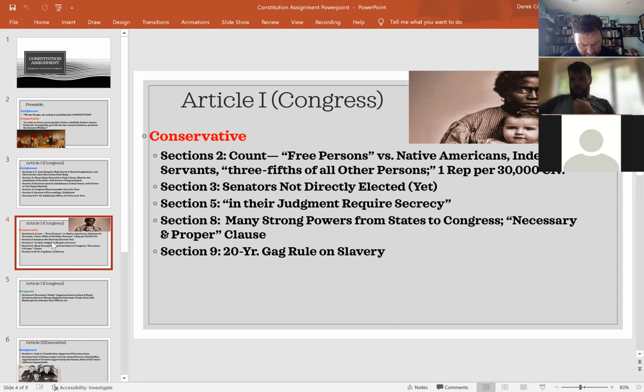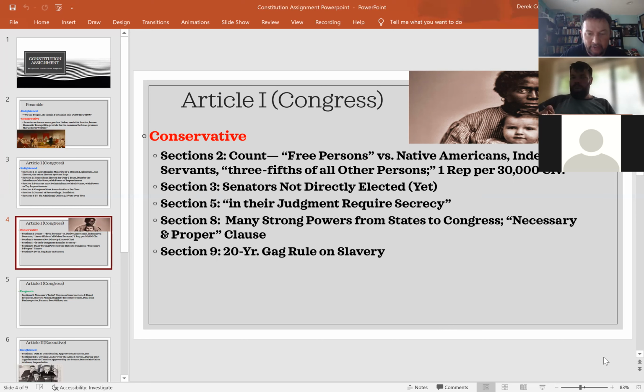It says representatives and direct taxes shall be apportioned among the several states which may be included within this union according to their respective numbers, which shall be determined by adding to the whole number of free persons, including those bound to service for a term of years, and excluding Indians not taxed, 3/5 of all other persons. So, wow, there's obviously no sense of direct universal representation, citizenship, right?